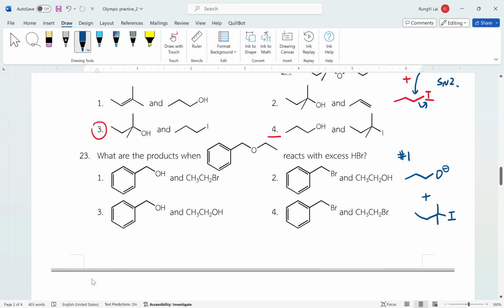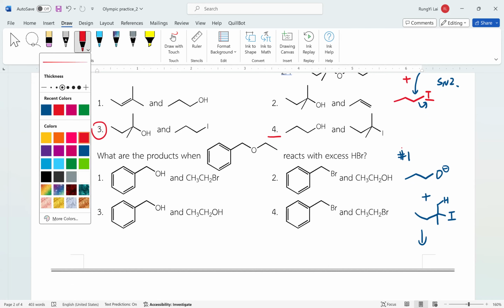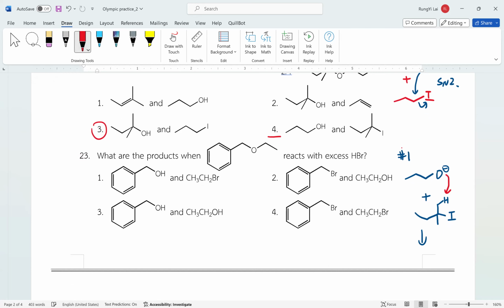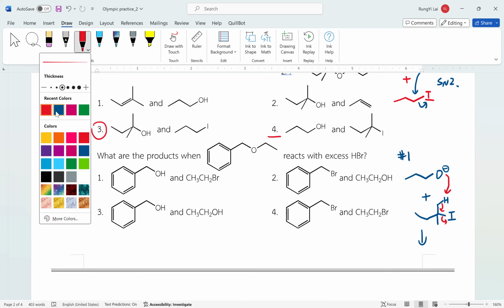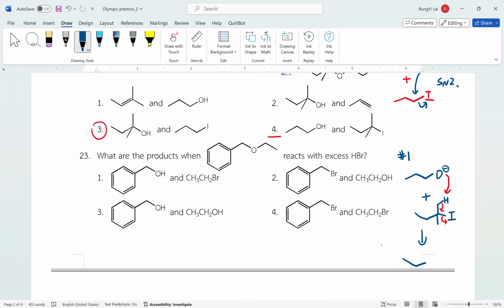So this one will be your final product. You are not able to get ether as the final product. You will only get the alkene.